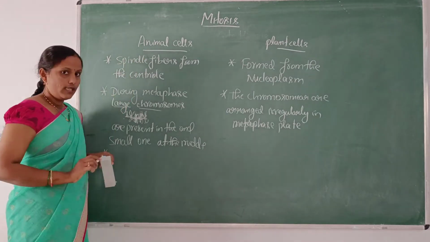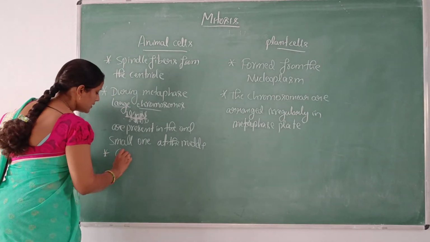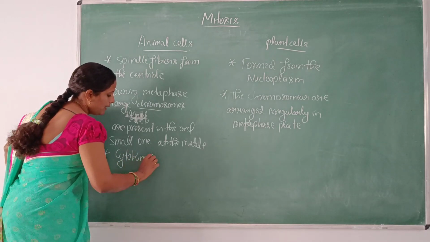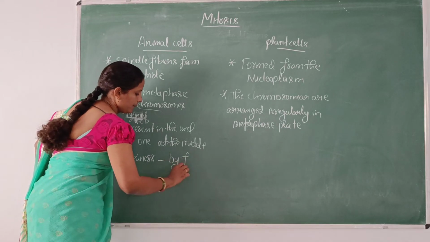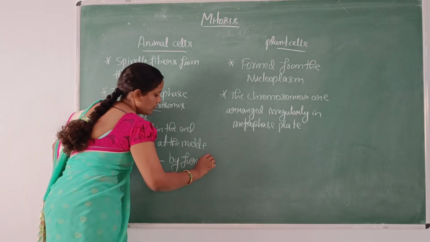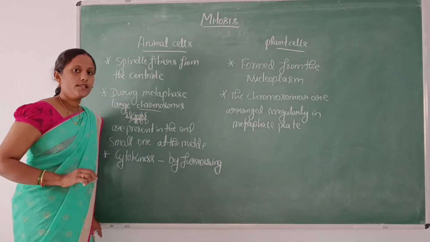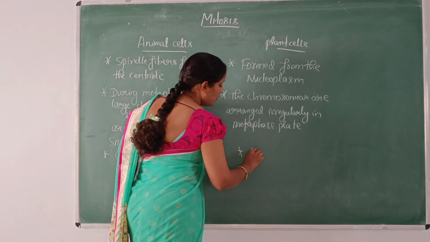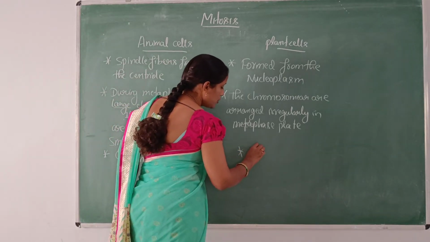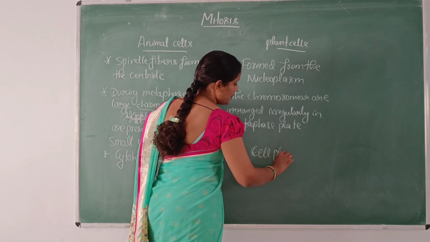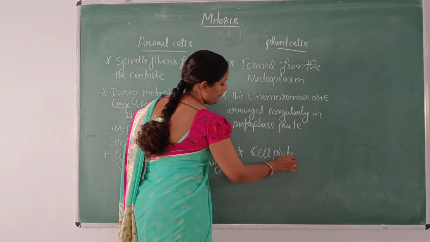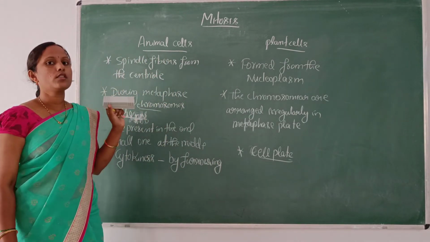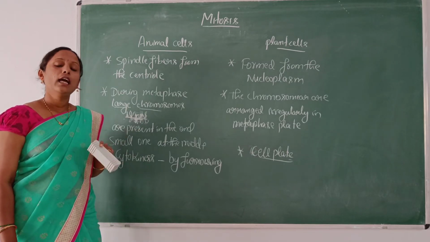In animal cells, cytokinesis happens by furrowing, whereas in plant cells, cytokinesis happens by the formation of the cell plate, which represents the middle lamella between the two cells. So these are the differences between mitosis in plant cells and mitosis in animal cells.